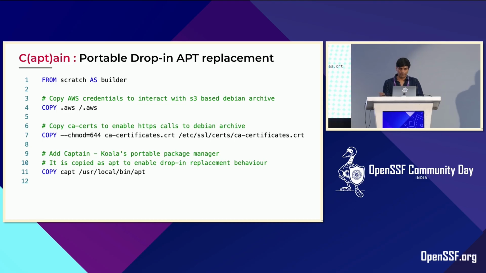So Captain, the drop-in replacement for APT, let's see that in action. Here I have started with a scratch container, and just added Captain as APT. I have just given it the name APT so that you can run APT commands and feel like it's APT, but it's actually not APT.